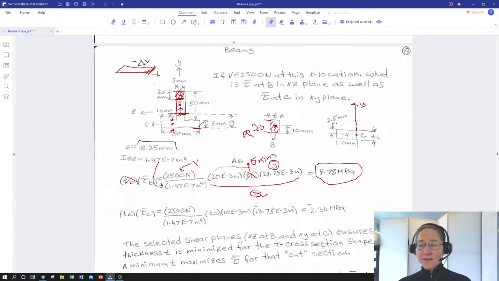The T cross-section was uniform, so the whole thickness was 5 millimeters, so TC equals TB, and our Y centroid of this is going to be half of TC, so it's 2.5 millimeters. So we can think basically our Y bar in this case is going to be 16.25 minus 2.5.